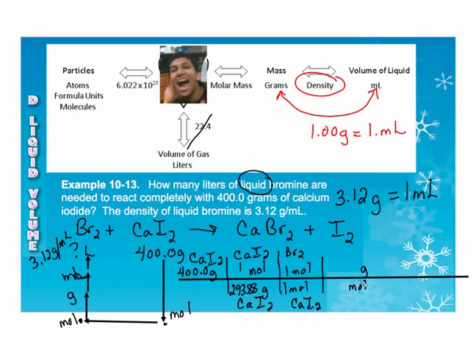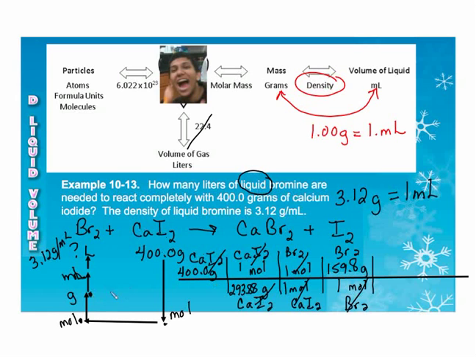So moles to mass, use molar mass. For Br2, it's 159.8. Don't forget your diatomics for 1 mole. Never hurts to do a quick double check that your units cancel, and they do.